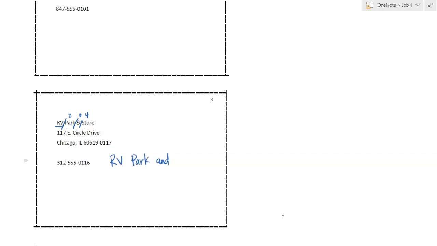So our actual filing segment is going to be RV, Park, A and D, Store. Okay, so it's up to you whether or not you want to mark it up at the top here, or if you want to rewrite it down in the center of the card where it's easier to see.